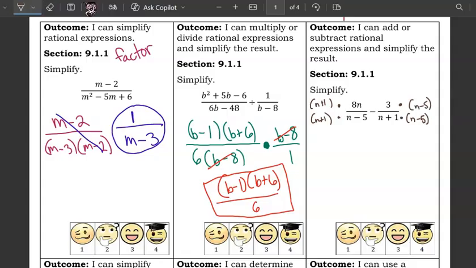Alright, so then we have 8n squared plus 8n minus 3n plus 15 all over (n - 5)(n + 1).